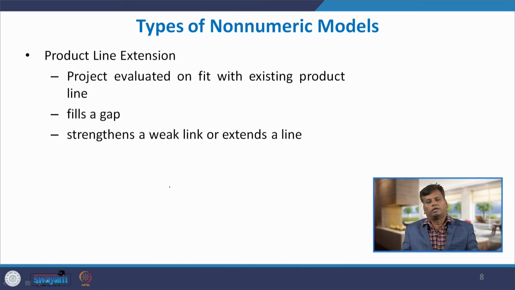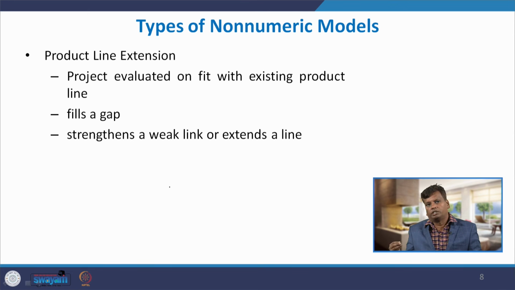The next method for selecting a project is called product line extension. The project is evaluated on its fit with the existing product line. Already we may have some product line, and we are getting an opportunity to choose a new project. If the new project fits exactly with the already running product line, we opt for that new project because there is compatibility.